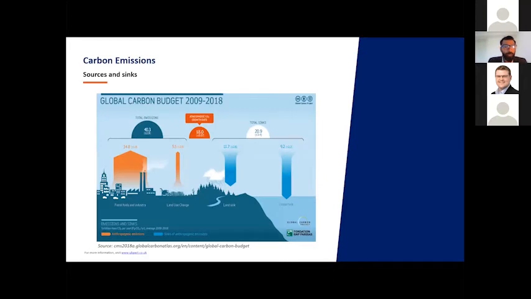If we look at what are the sources and sinks of carbon, here we can see that fossil fuel and industry is a major source of carbon. That means these industries have been emitting lots of tons of carbon. And another big source of carbon is the change in land use.